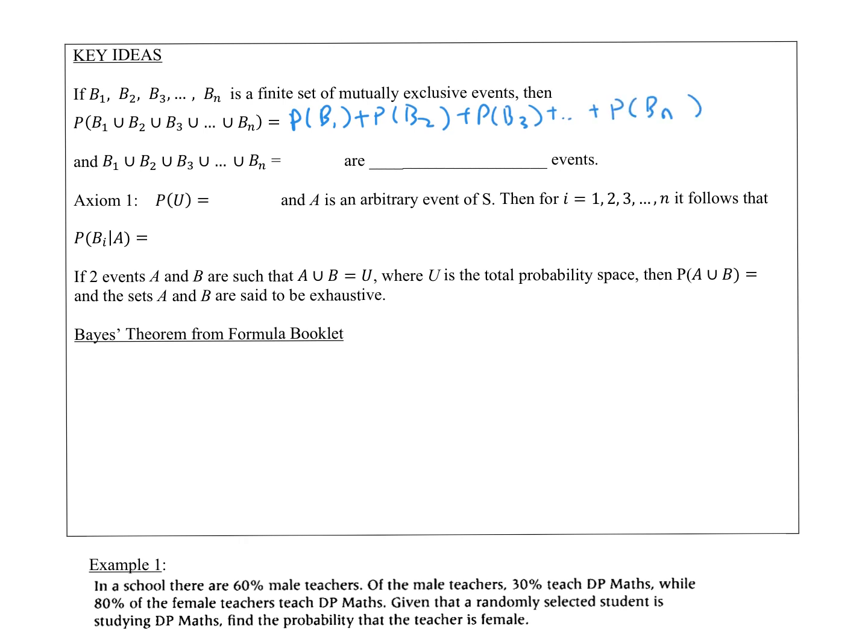And the union of B sub 1 to B sub n equals the universal set, and they are exhaustive events.